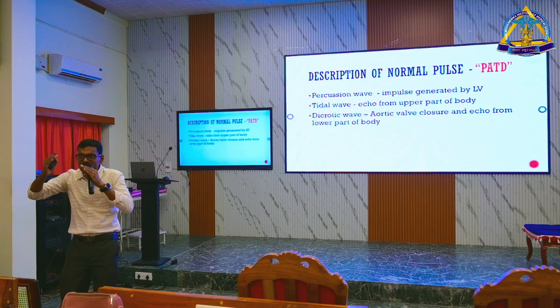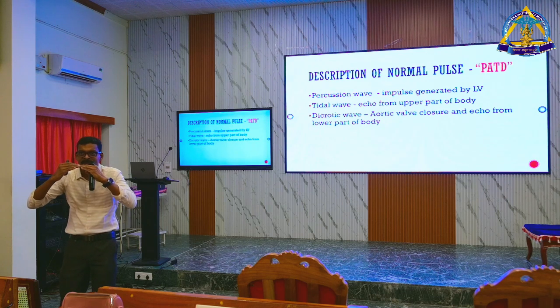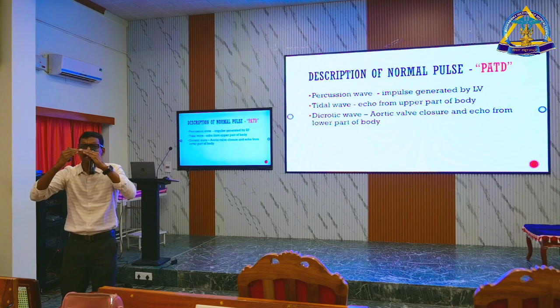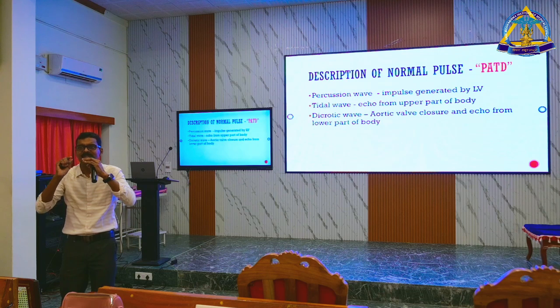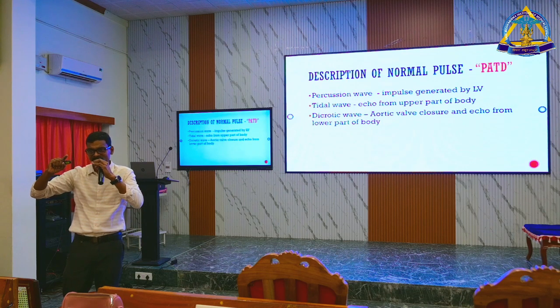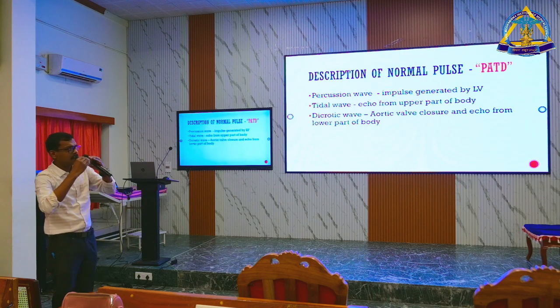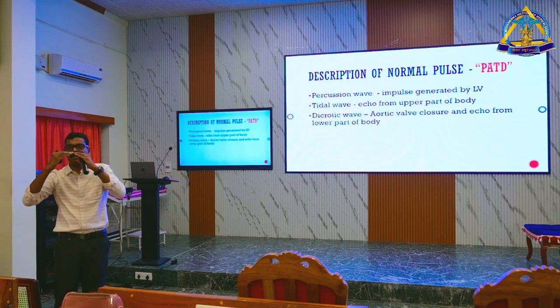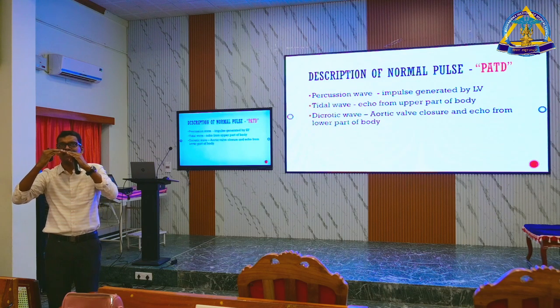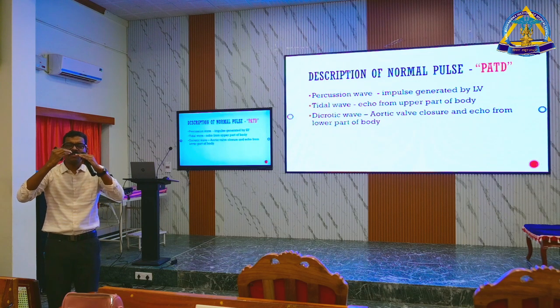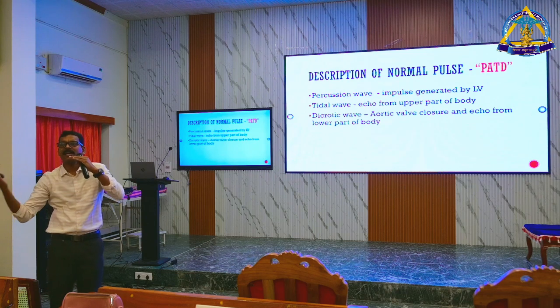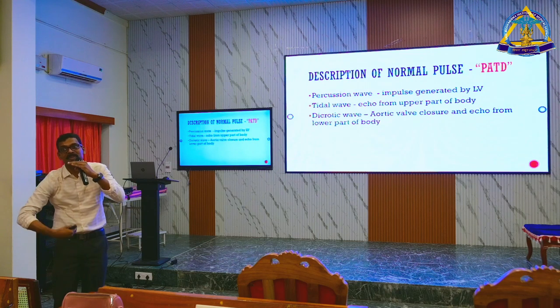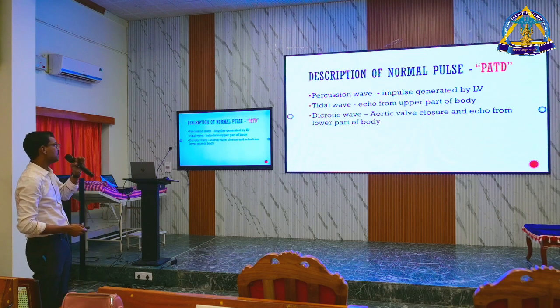When the pulse is on the descending limb, in diastole, suddenly the aortic valve closes, giving a sudden little positive deflection. That is called the dicrotic wave. You understand? So that is again a summation of the little pressure increase due to the aortic valve closure and the reflected wave from the lower part of the body, the distal part of the body. So this is how the waves form.